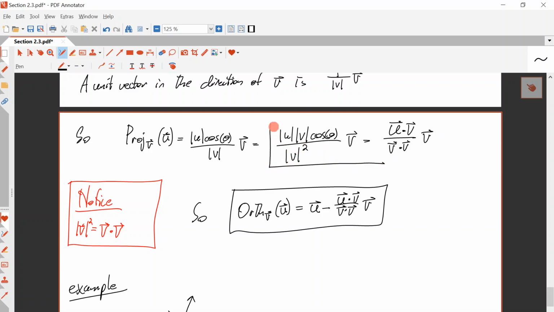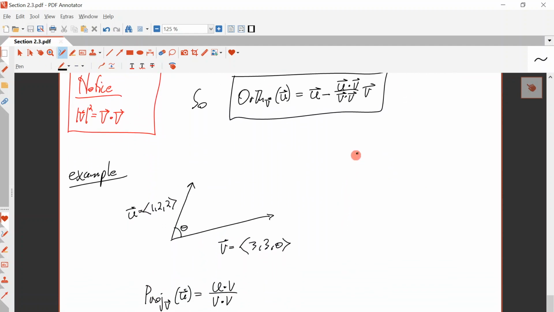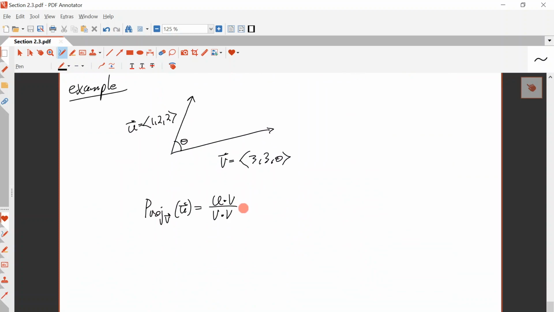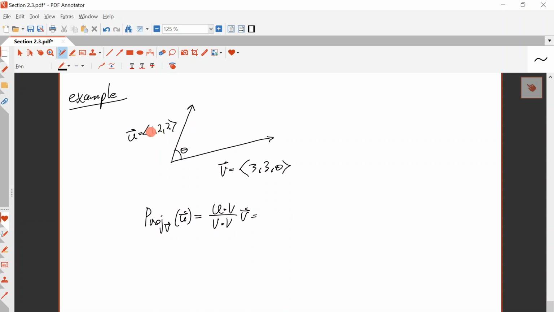So you can use either or. So u dot v is 3 plus 6 plus 0, over v dot v is 9 plus 9 plus 0, times v itself, 3, 3, 0.